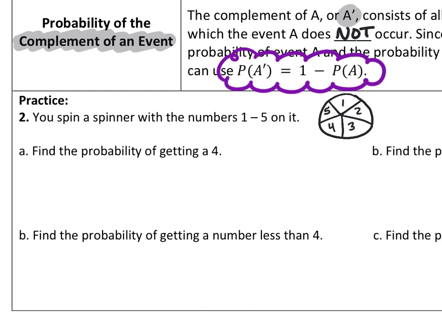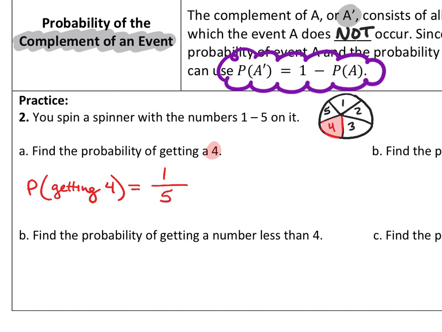All right, it says find the probability of getting a 4. Okay, if I want to get a 4, how many opportunities do I have to spin the spinner and get a 4? Don't overthink it. 1 chance, yeah? There's only 1 spot with a 4 on it. So I would say that the probability of getting a 4 would be favorable 1 time out of how many options? 5.